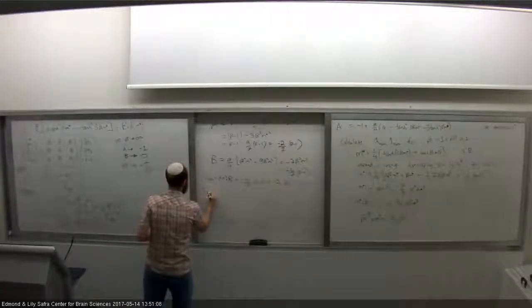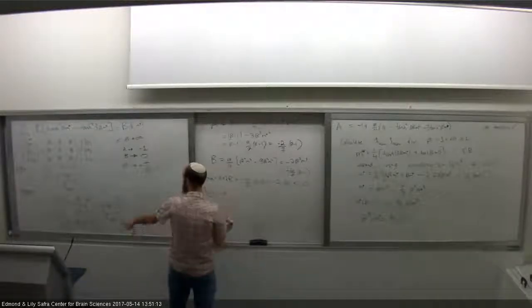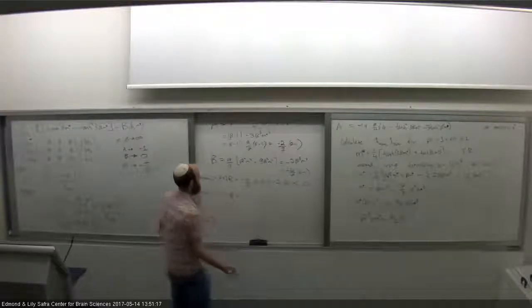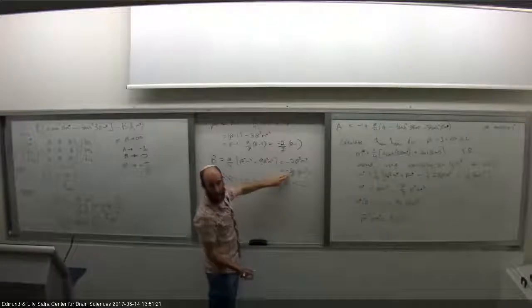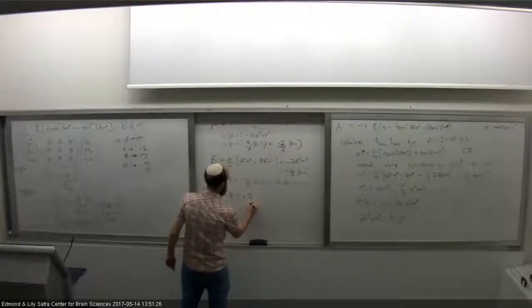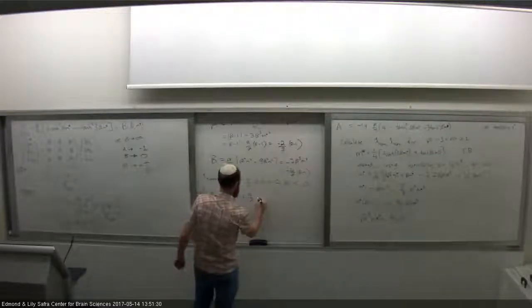Let's look though at the heterogeneous direction. So the value of the heterogeneous eigenvalue is A minus B. So this is going to be, we have minus 2/7 minus negative 6/7, so that's going to be plus 4/7 delta beta.